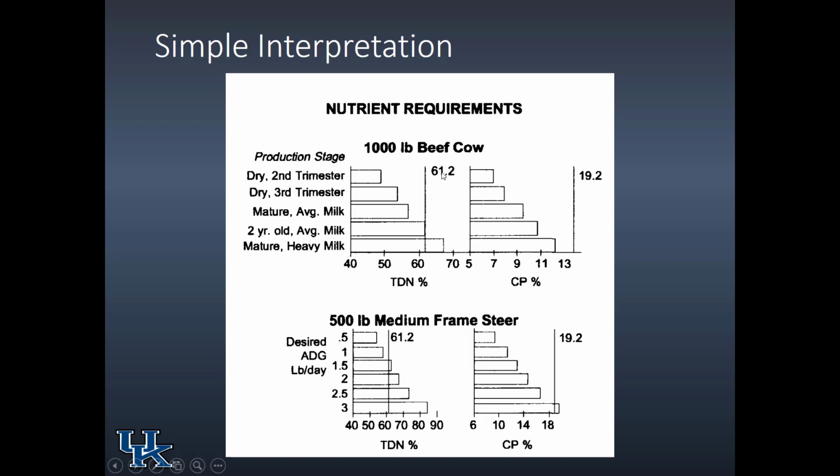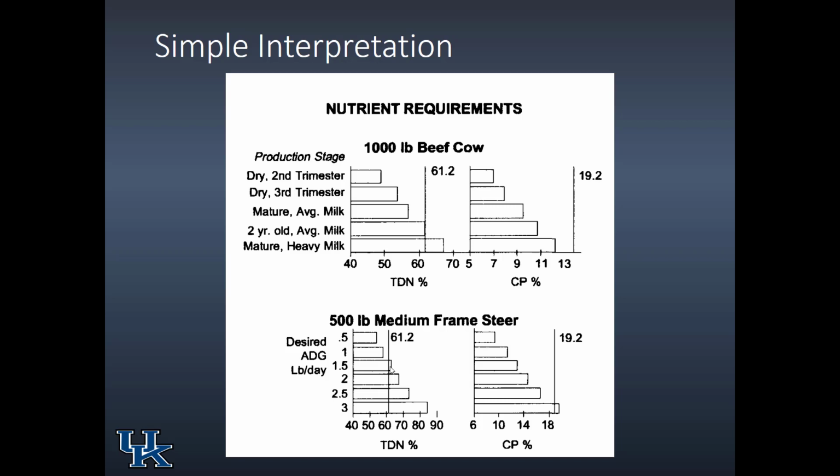And you'll see the same thing with a medium frame steer. The protein was enough to take care of gaining almost 3 pounds a day. The energy was only adequate for just over 1.5 pounds per day. So if we're feeding this to a steer, then energy is limiting, to gain only about 1.5 pounds per day.